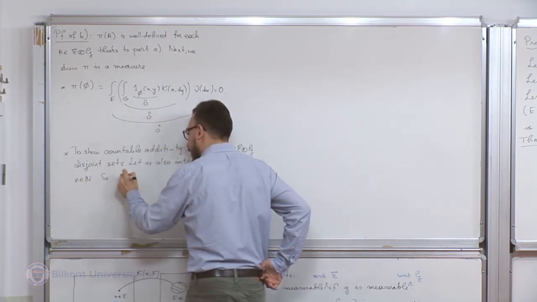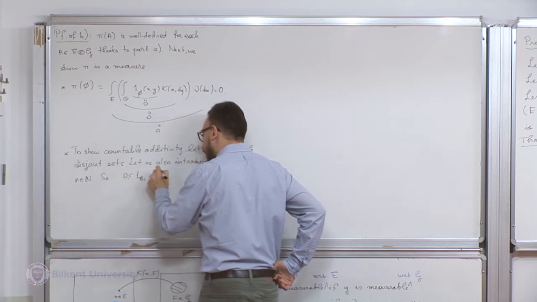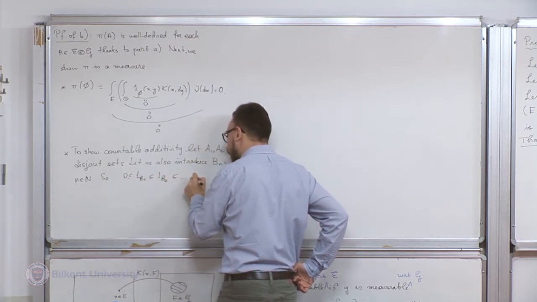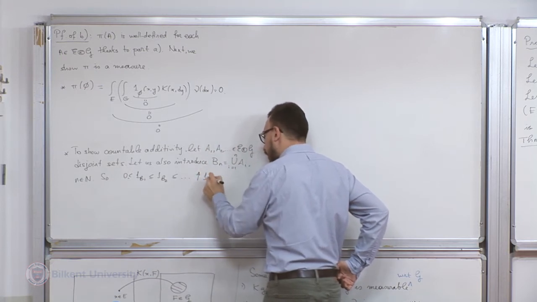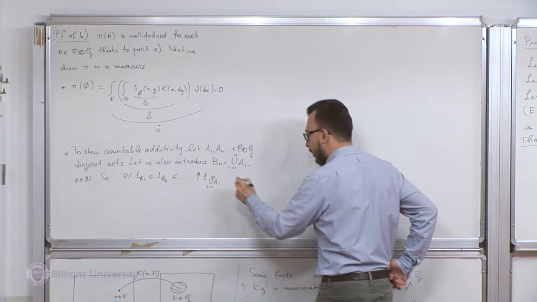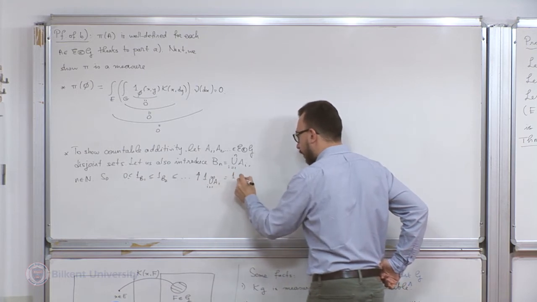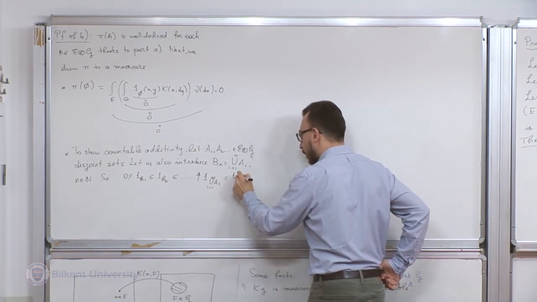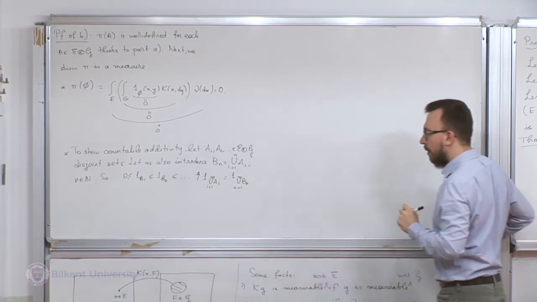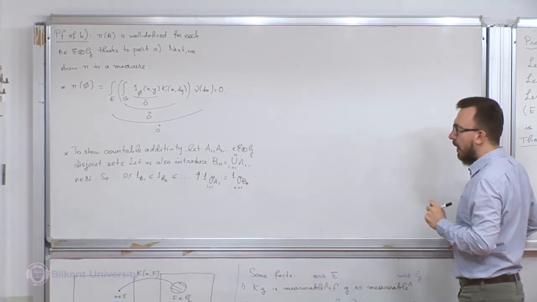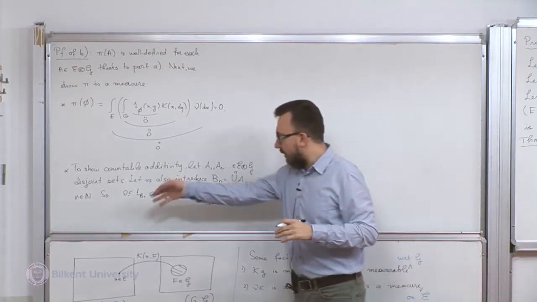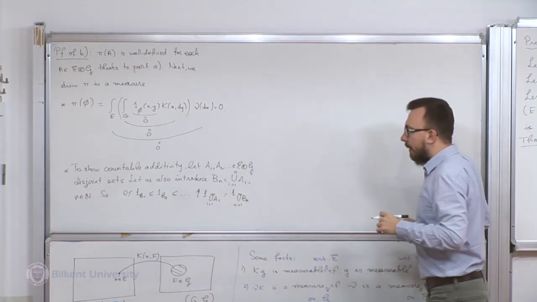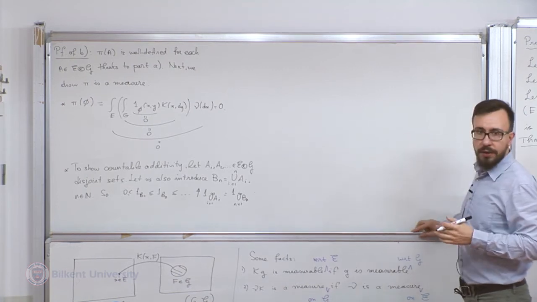So indicator of B1 is less than indicator of B2, etc., and the limit is indicator of the union of everything, which is also the indicator of the union of B_n's. Okay, so this is a sequence of functions satisfying the assumptions of monotone convergence theorem.